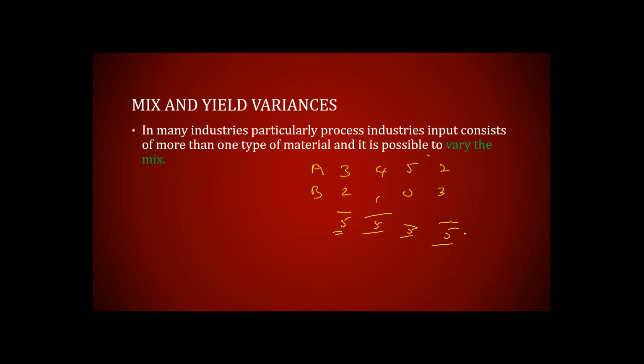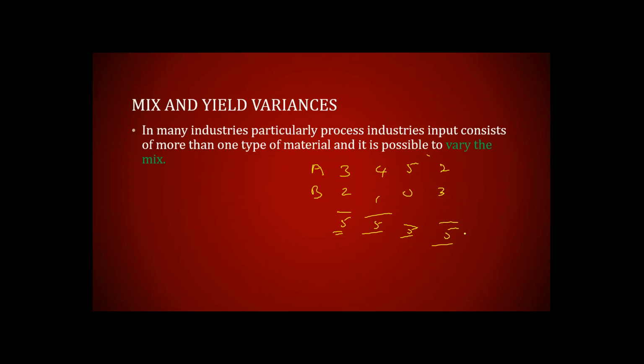When that happens, there can be an impact on your cost because one particular raw material may be cheaper than the other raw material. So that can have an impact on your ultimate cost because you are changing the mix. Maybe you have mixed up with more cheaper raw material. Then your actual cost will be much cheaper than the standard cost.